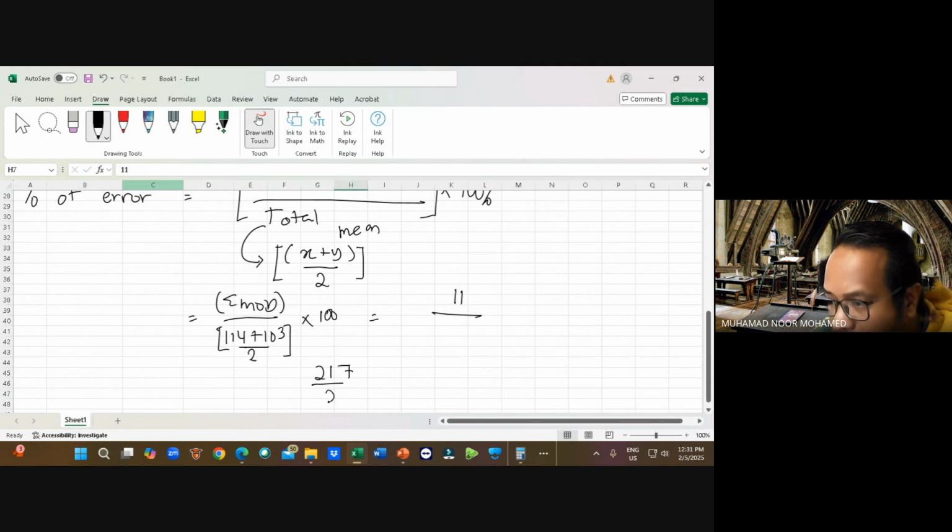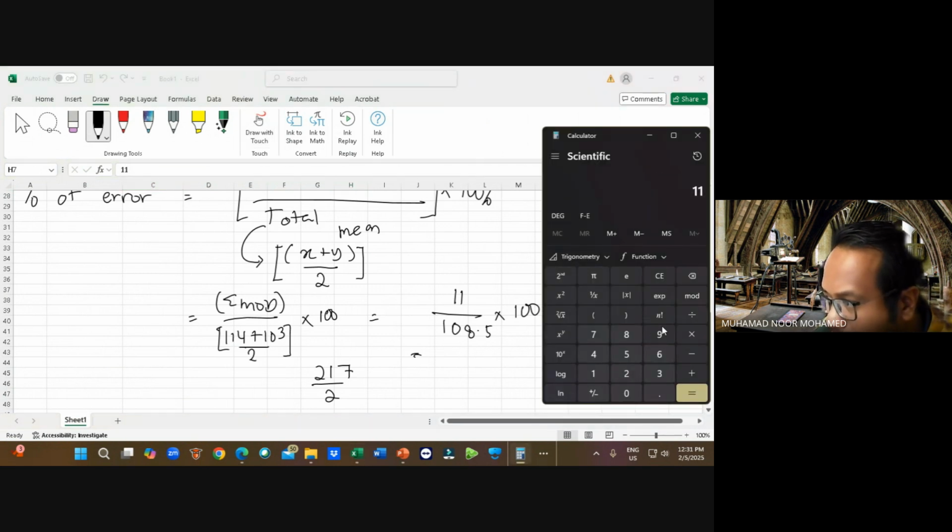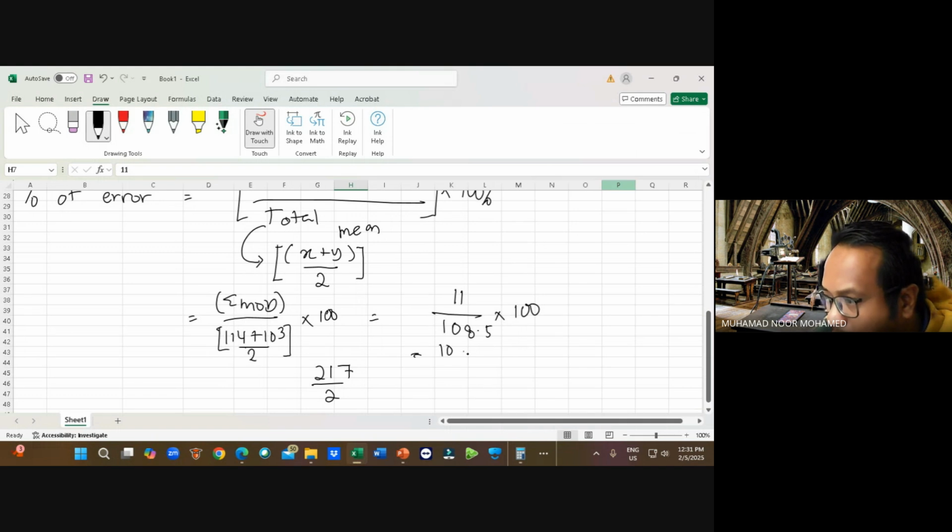We divide by 2, and we have 108.5 times 100. Then let's take our calculator. 11 divided by 108.5 times 100 is 10.14. So we have here 10.14%.